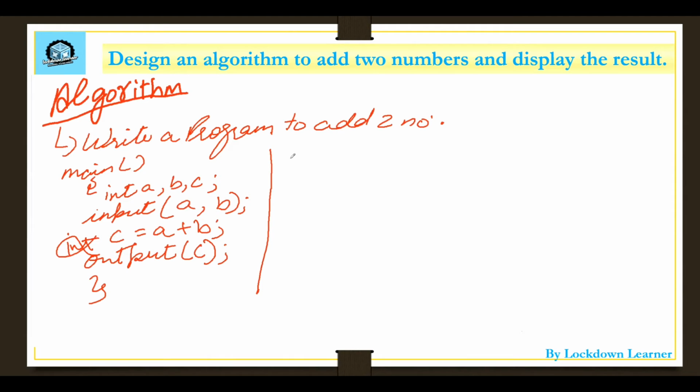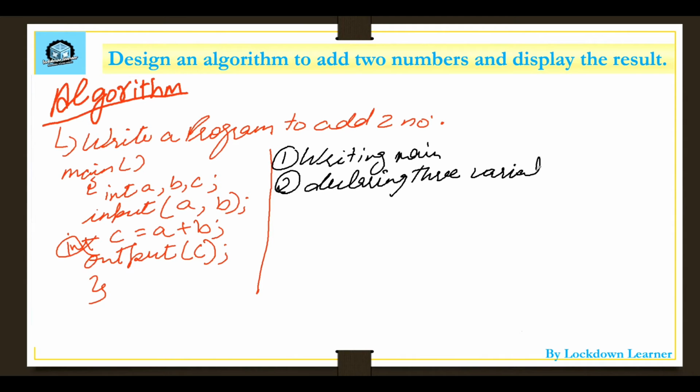You have followed some steps here for writing this code, and I'm writing the steps here. The first step you followed is writing main. Then you declared variables, three variables.